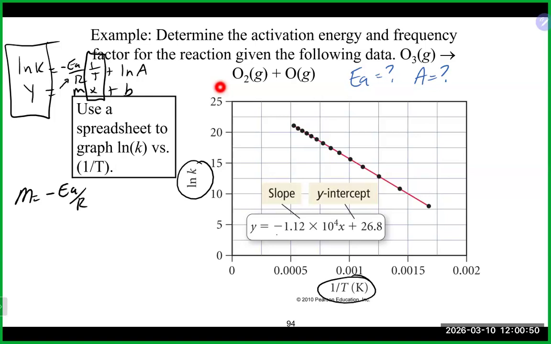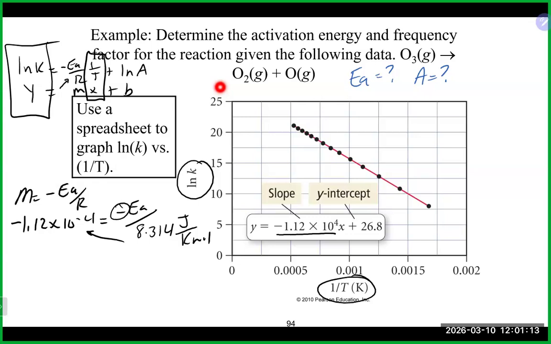Here, our slope is a negative number, 1.12 times 10 to the 4, equals minus E of A over R, where E of A is the activation energy and R is 8.314 joules per Kelvin per mole. We're going to multiply that to the other side, and in addition the negative needs to go over there as well.